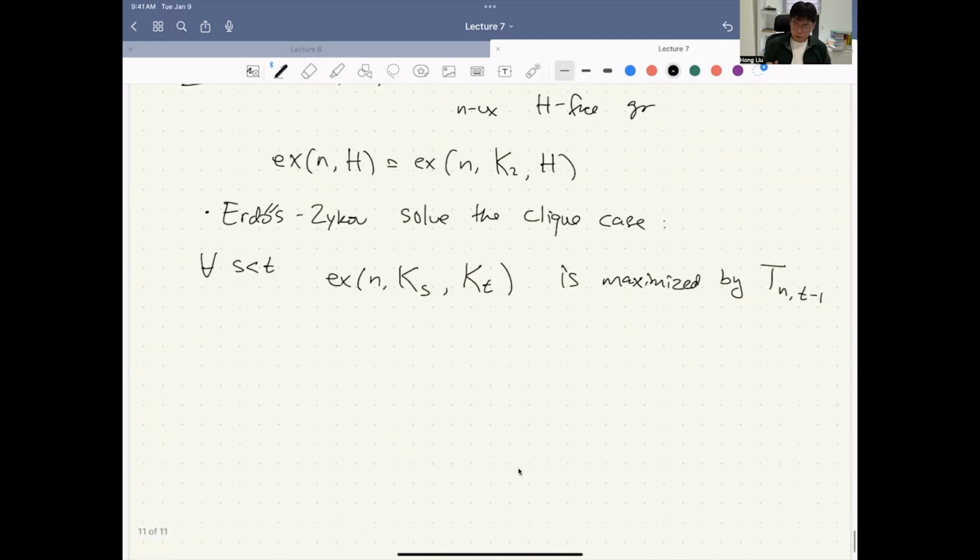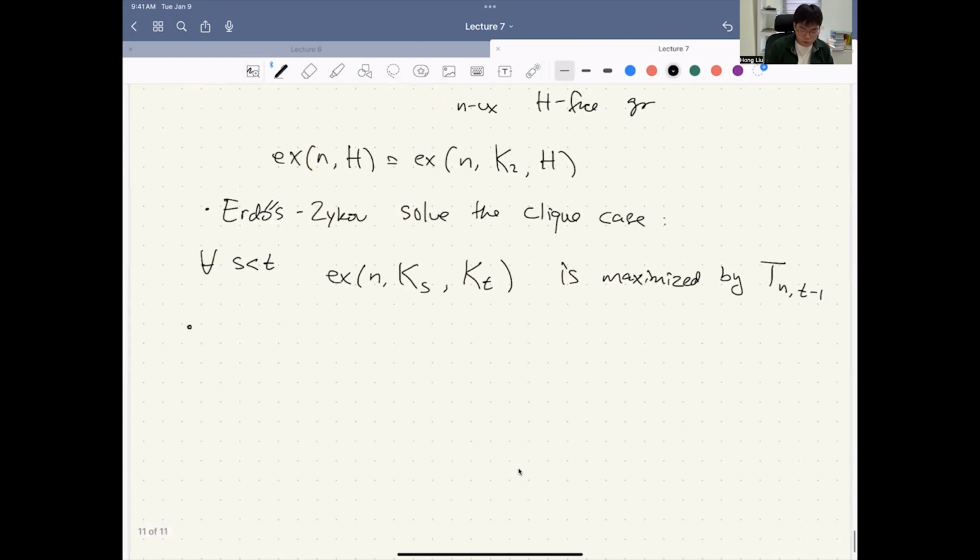Some further references. For example, Alon and Shikhelman in 2016 have some systematic study on this generalized Turán function. And the cycle problem is solved by Gishboliner and Shapira, who also make connections to the regularity lemma.